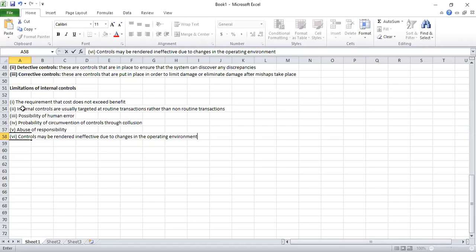Right. So those are some of the limitations of internal controls. Because of those things, we can't put 100% reliance on internal controls. So as an auditor, when you are auditing, you have to check: are the internal controls adequate?